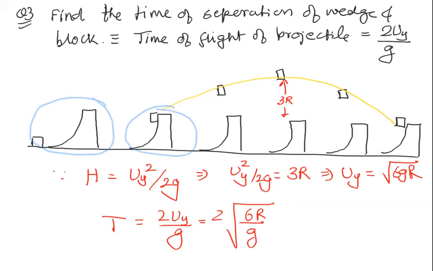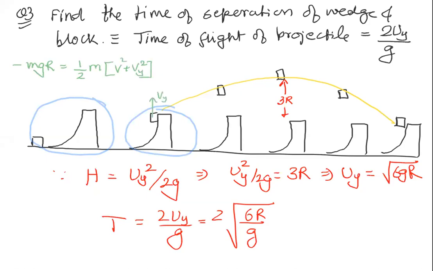Okay. In this case, what you will do is write down minus mgr is equal to the final kinetic energy, which will be half m into v square plus vy square.